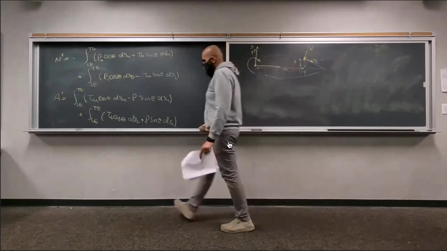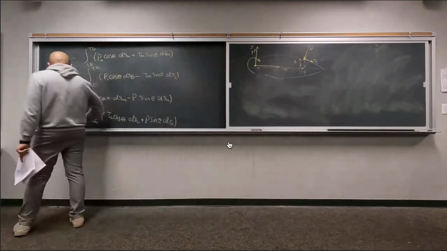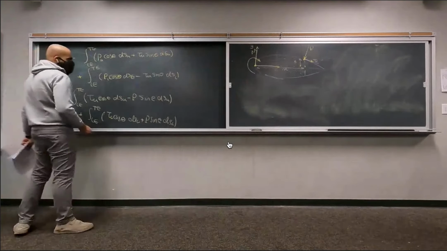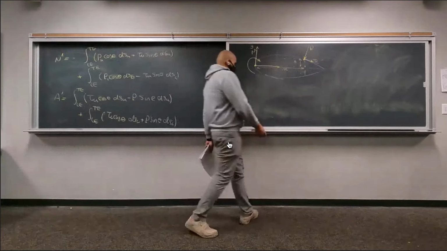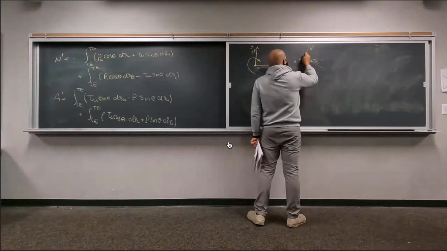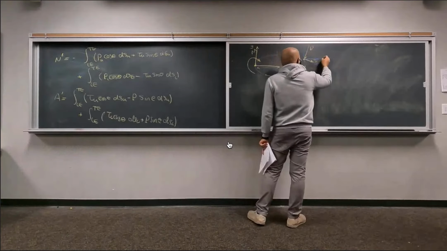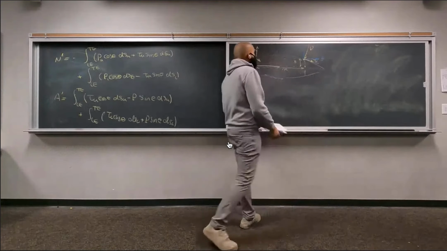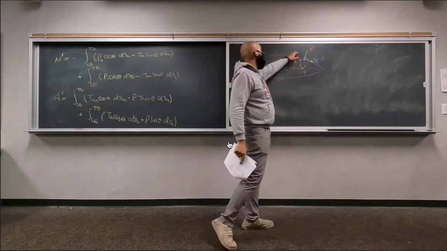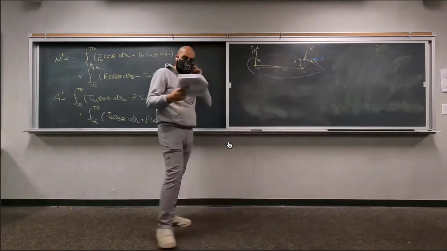And then, if you change the perspective from P and tau to normal and axial force, you can find your moment pretty easily, right? What is the moment the normal force induces on the leading edge?